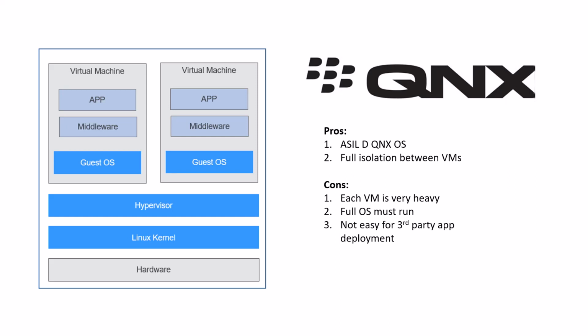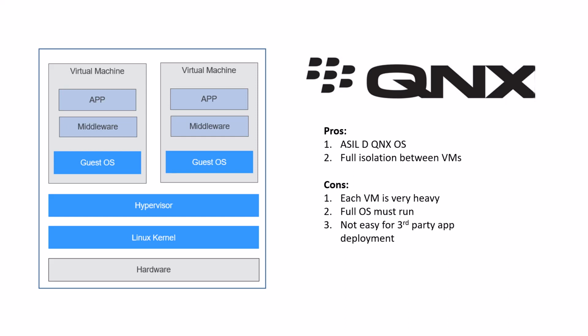If your goal is to run a C++ app in one virtual machine and a Python app in another virtual machine, say the C++ app is some 10 MB in size, and the Python app may need some 20 or 30 MB by running the Python interpreter and all that.